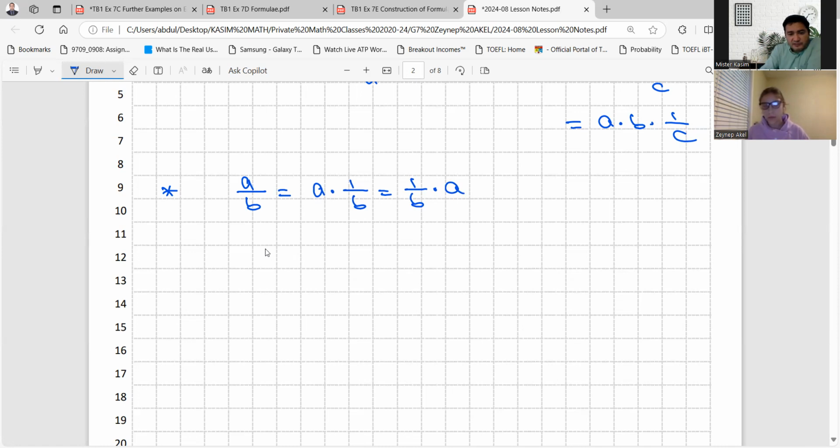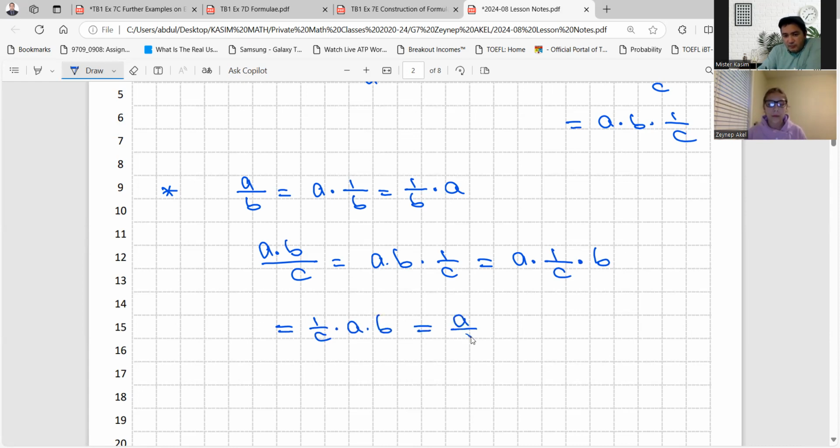And how about if we have C, for example, A times B over C? I can write it as A times B times 1 over C, or A times 1 over C times B, or 1 over C times A times B.